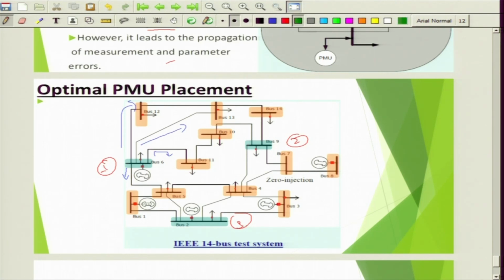Now there is a PMU placed at bus number 2. This PMU is able to take care of the measurements at bus number 1, bus number 5 again, and then bus number 4, bus number 3. Then there is another PMU placed at bus number 9.